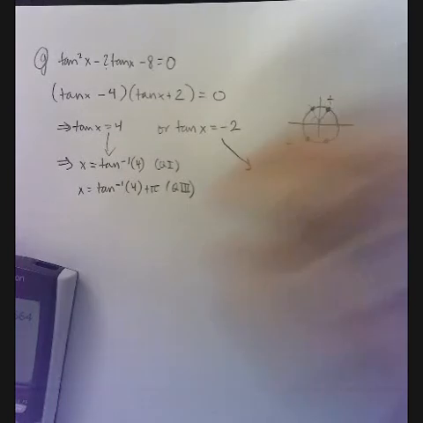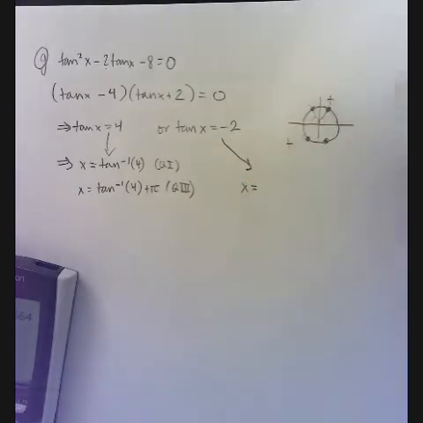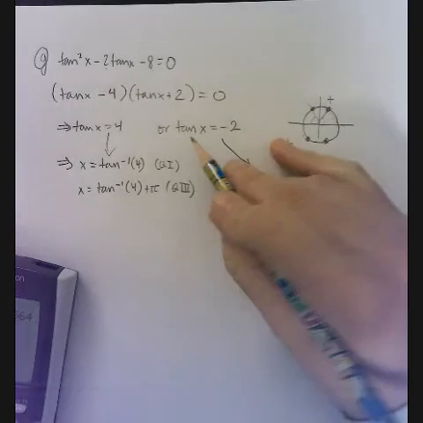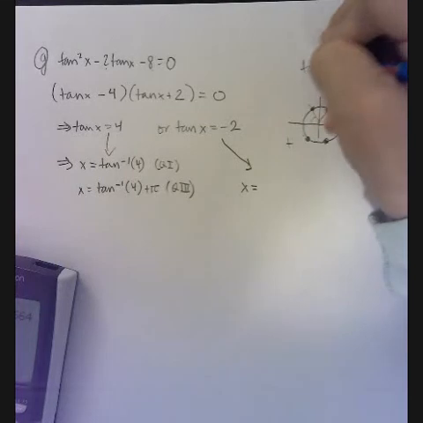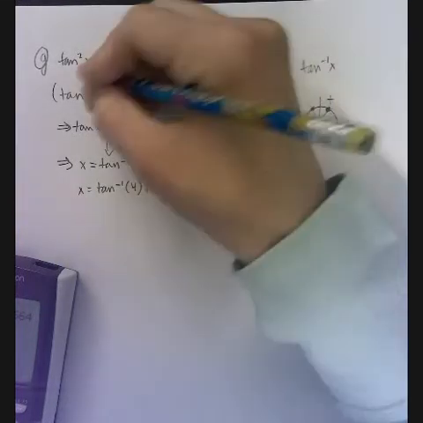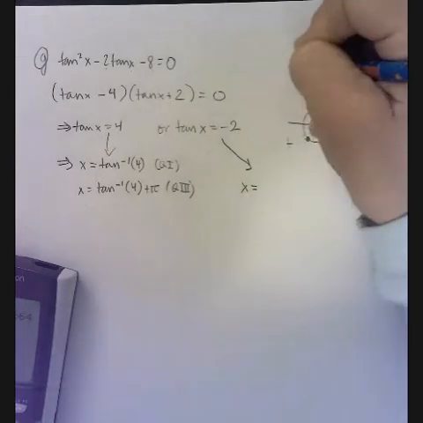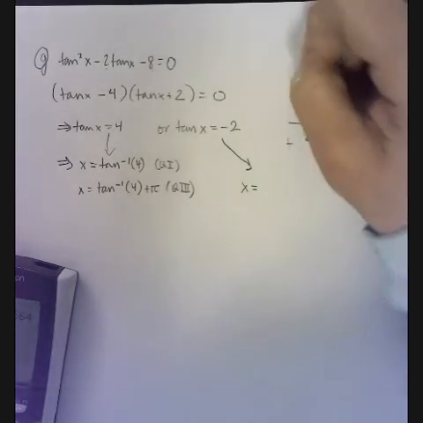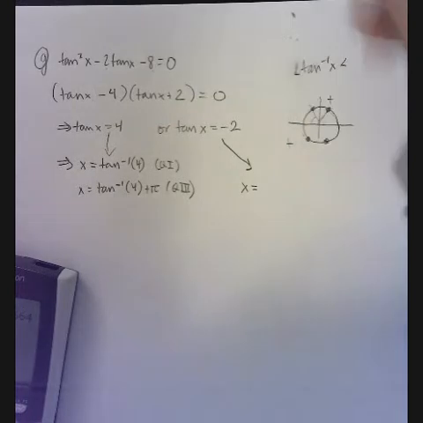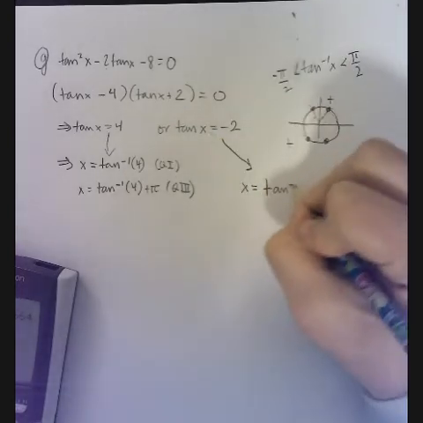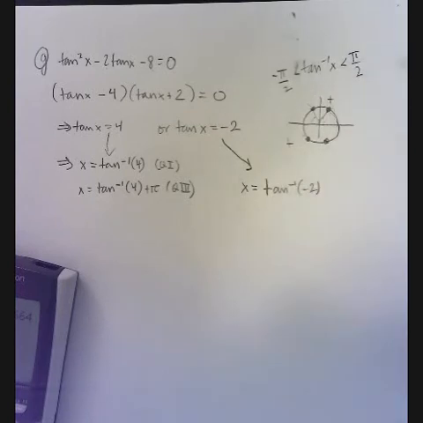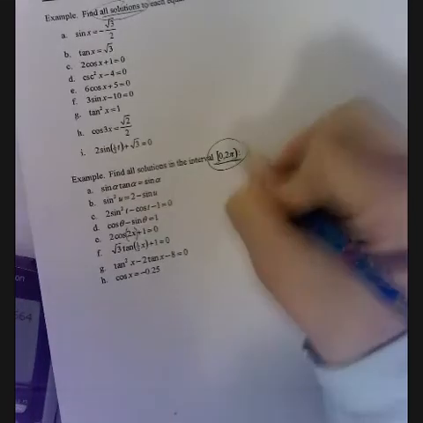So x equals, the problem with the tangent inverse notation is that tangent inverse of x always comes out between negative pi over 2 and pi over 2. So when you write x equals tangent inverse of -2, that is not in 0 to 2 pi. Remember, for this example, we want solutions in 0 to 2 pi.